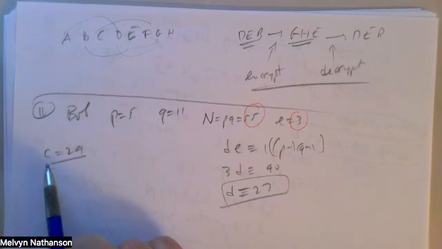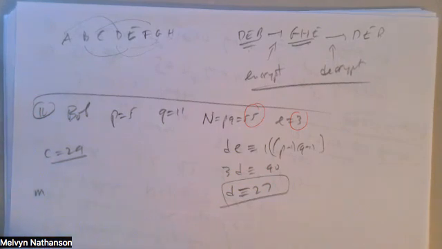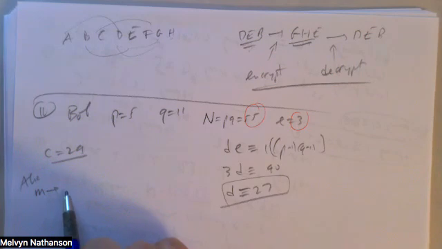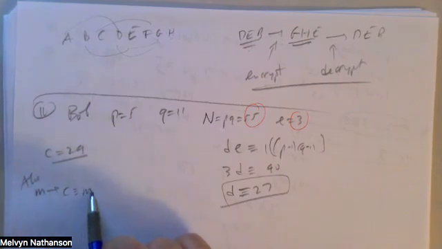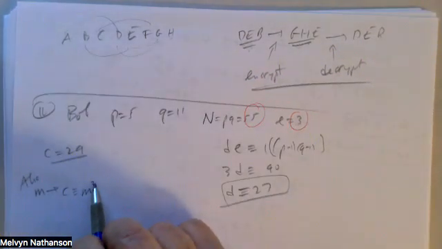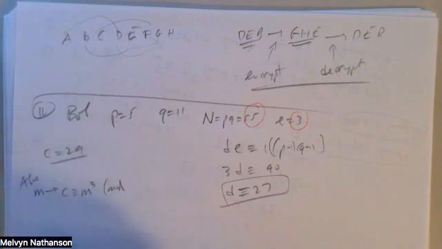So if M was the plain text that Alice had, how did she encrypt it? Her encryption, C, was you take M and you raise it to the power 3 mod 55. And that is 24.